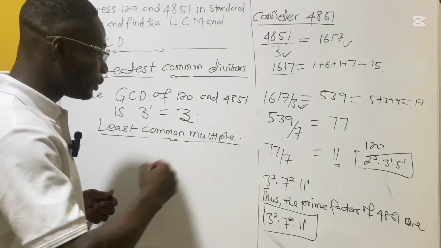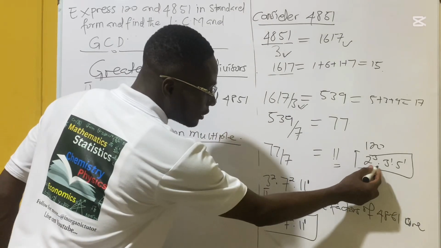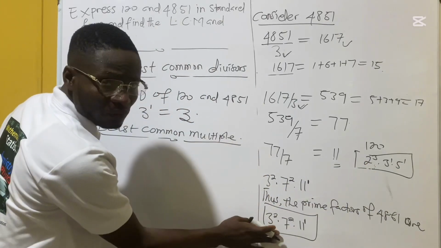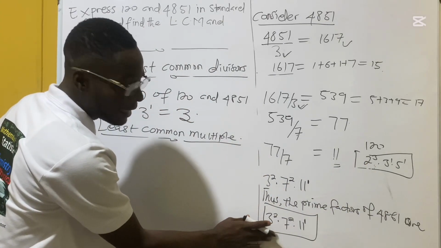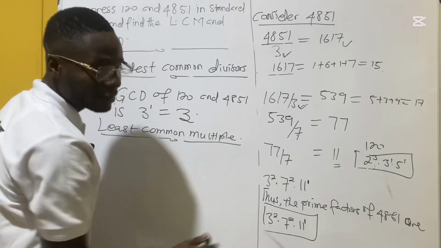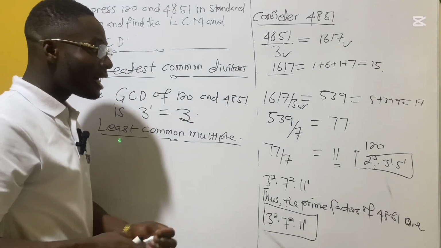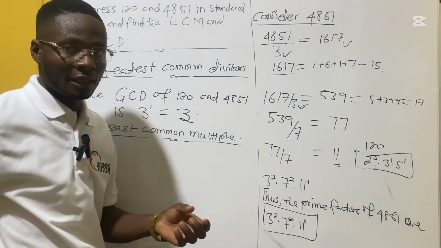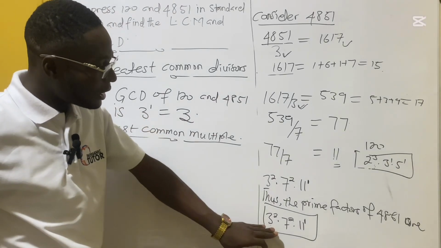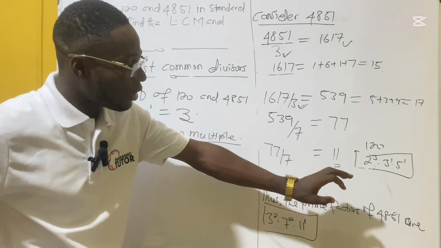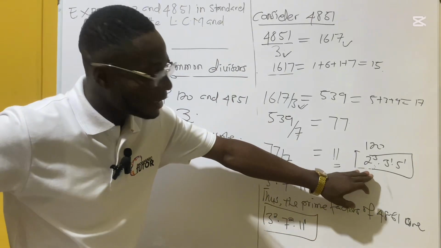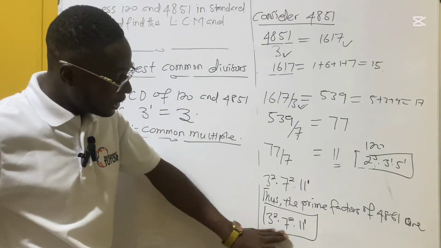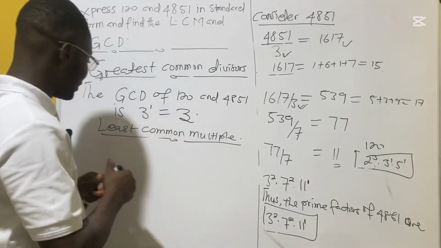So we're going to have 2 cube here. We don't have any term called 2 here, right? So 2 with the highest power is 2 power 3. So we pick 2 power 3.